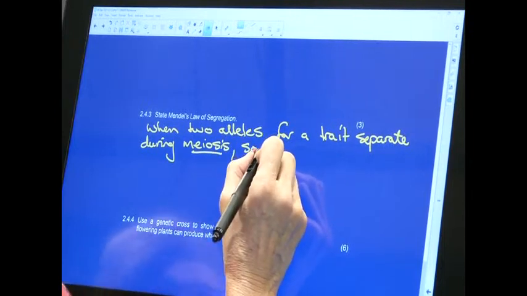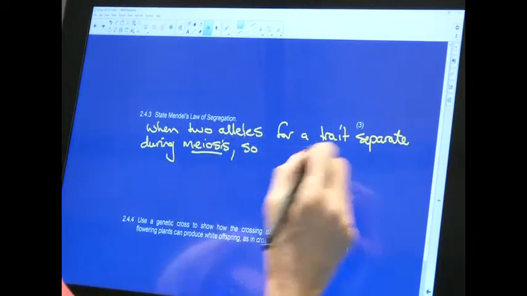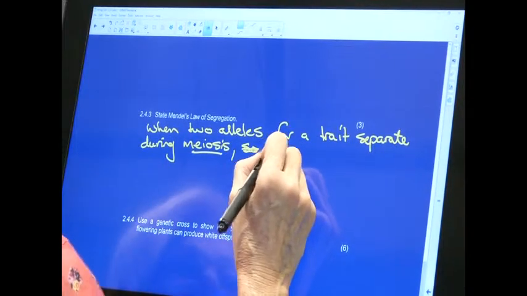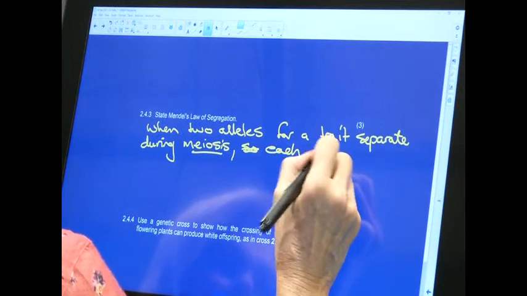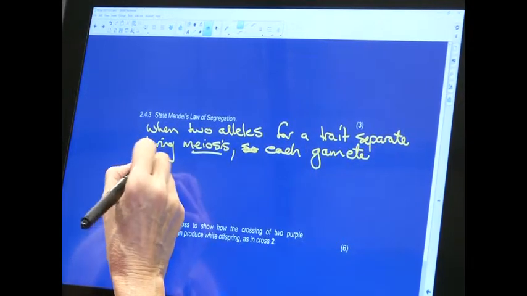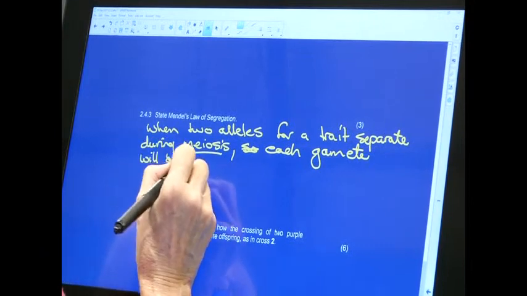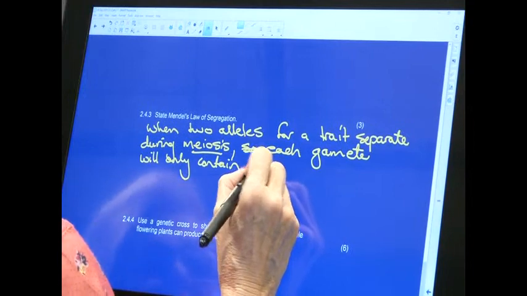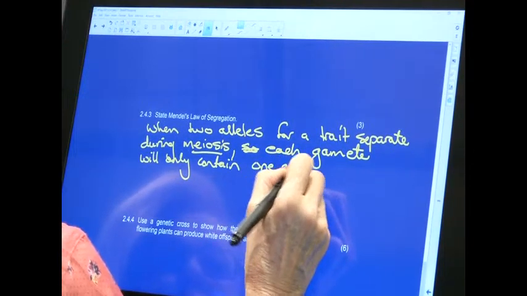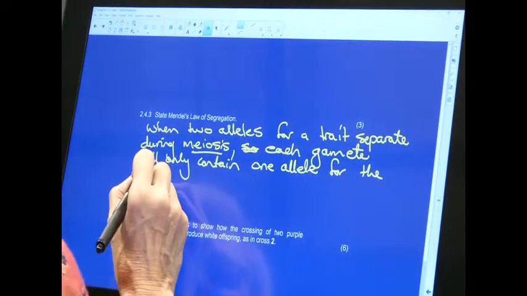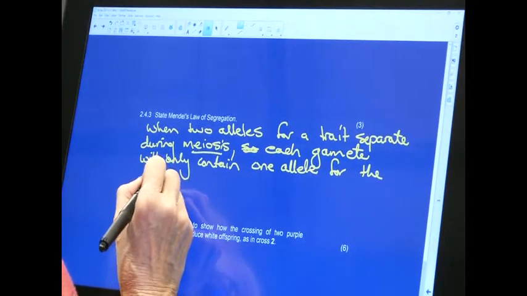So when two alleles for a trait separate during meiosis, what am I doing? Each gamete will only contain one allele for the trait.